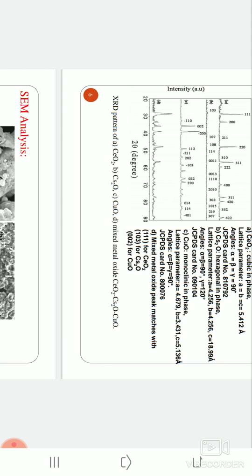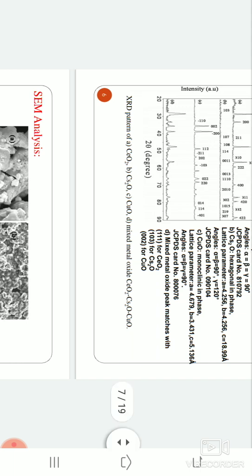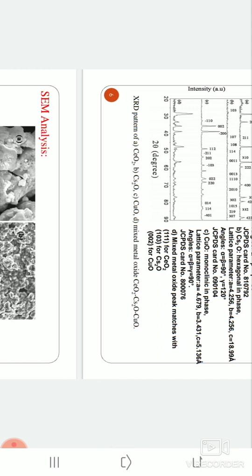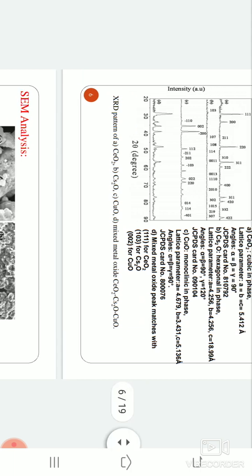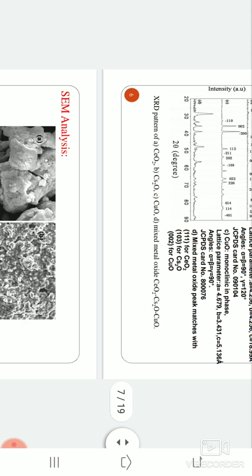In the mixed oxide XRD, the 111 plane matches cerium oxide, the 103 plane matches cesium oxide, and the 002 plane matches copper oxide, which confirms that our mixed metal oxide material consists of these three types of metal oxides.